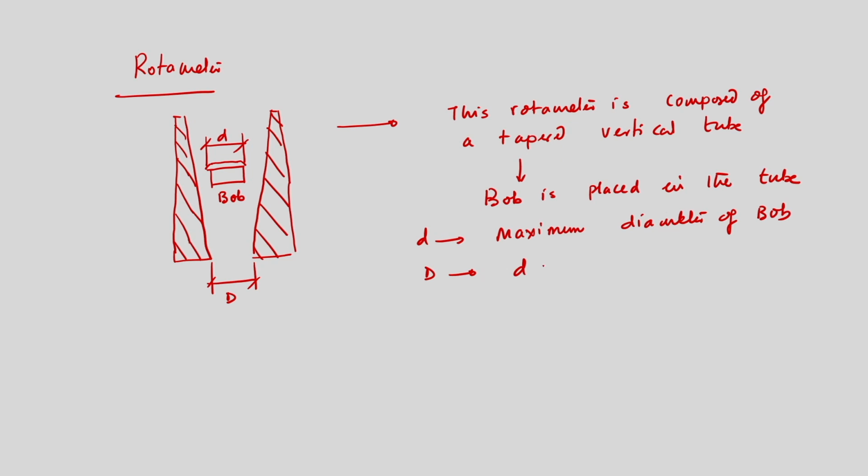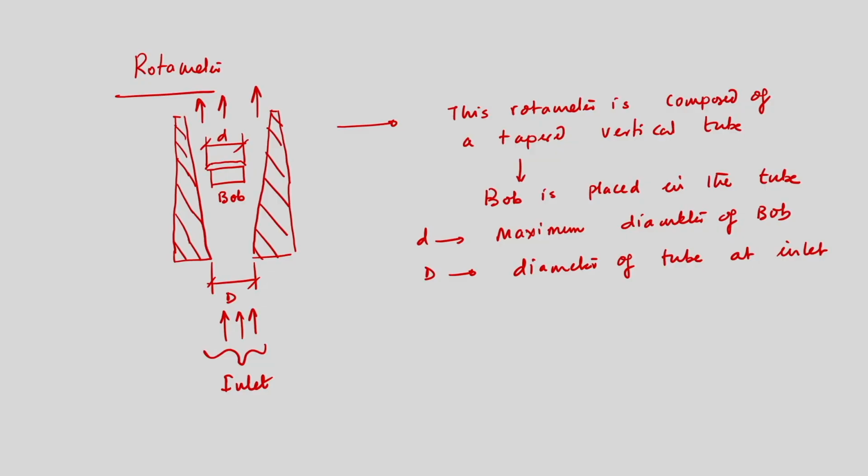So, diameter of tube at bottom, or I can write inlet. Flow is taking place from the bottom, and this is inlet and this is outlet. Right. Now, when there is no flow, then bob will be at rest.